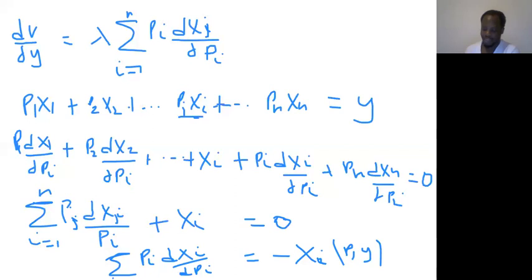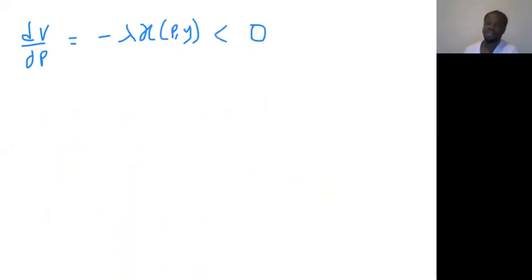So what it means is that in place of this expression, I can write minus x, right? So that means that dp is equal to minus lambda x p of y. X is a function of p and y, which is less than 0. So it's true, it is decreasing in p.